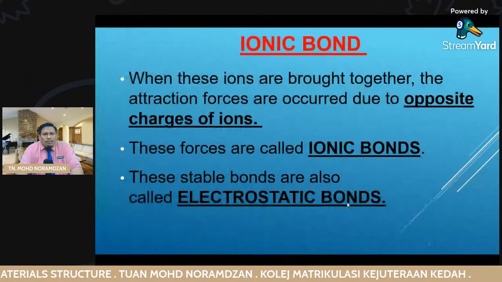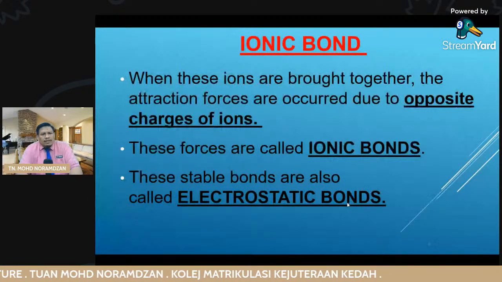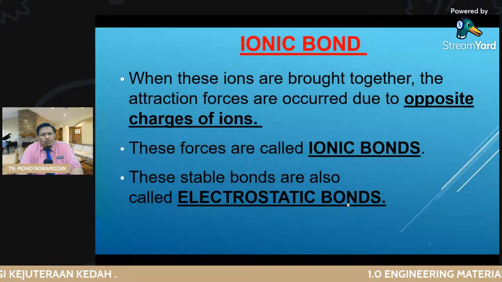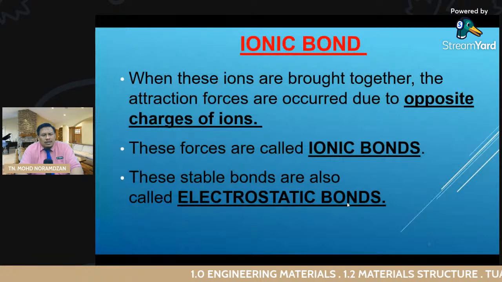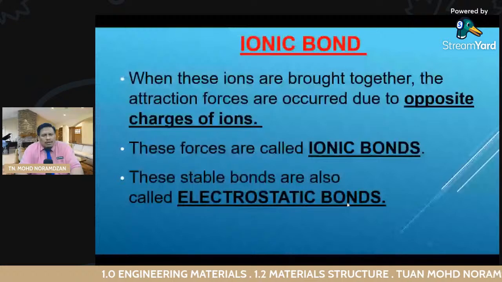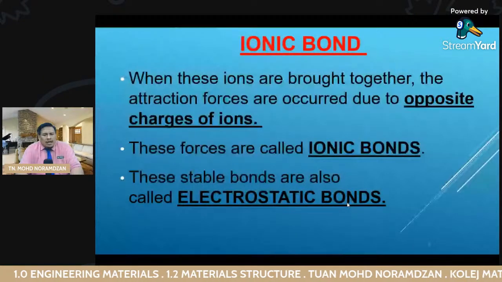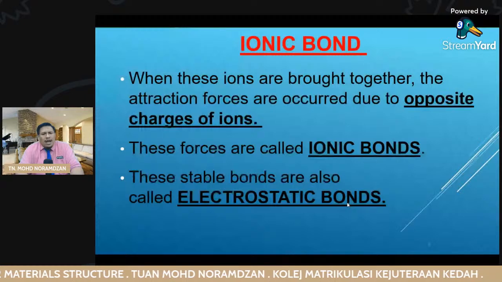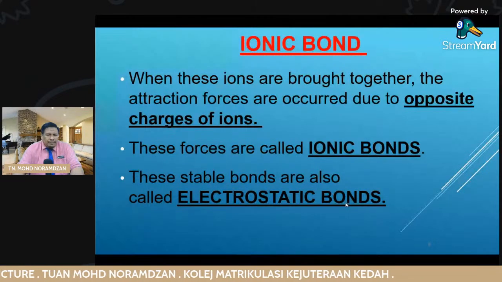When these ions are brought together, the attraction forces occur due to the opposite charges. This is the ionic bond, the electrostatic bond. So, in other words, ionic bonding is electrostatic bonding.